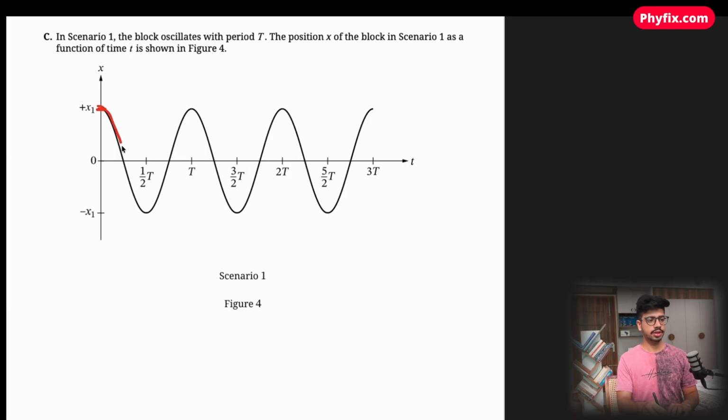As you can see, the x position becomes 0 at T/4 of the time period. Now at the half, it is going to reach the x1 position on the other side, and then at 3T/4, it is again going to reach the equilibrium position, and at time T, the complete time period, again at the x1 position.